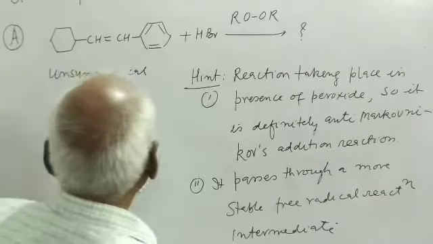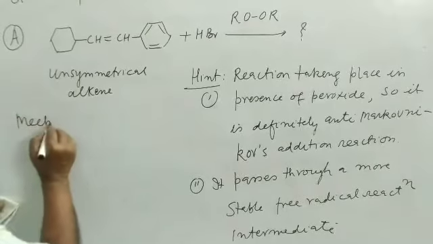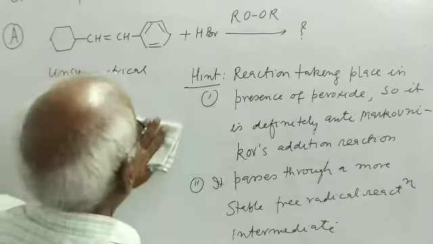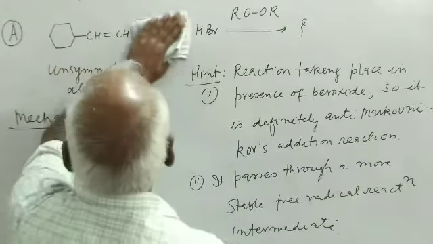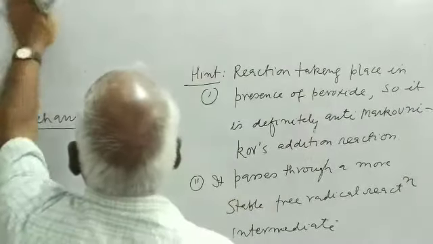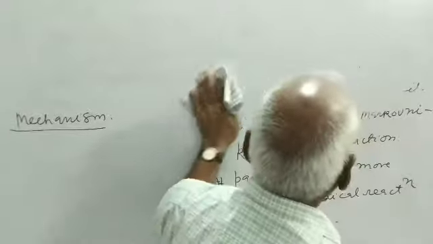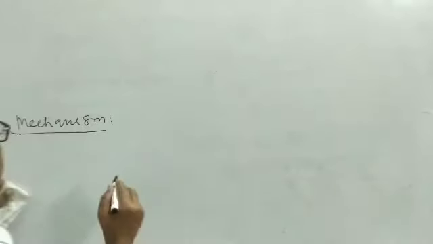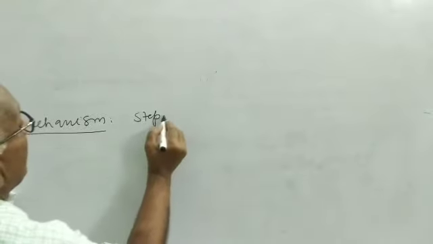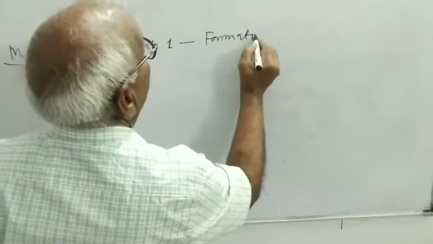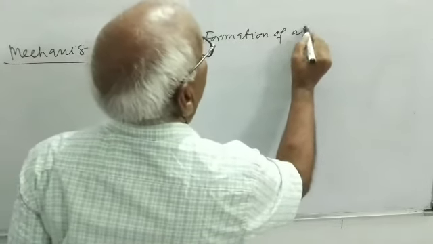So write the mechanism. It has 4 steps. Step first, formation of alkoxy radical.